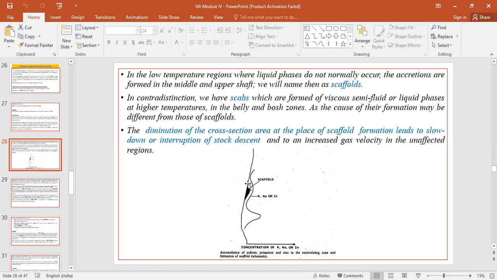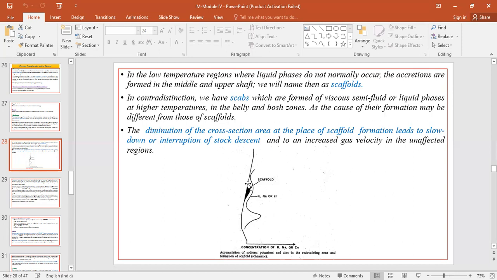When this alkali content enters the high temperature zone, it will certainly convert into vapor, and these vapors will travel from bottom to top, and at low temperatures they get condensed and stick to the walls of the furnace, and that will act as a sticky layer.